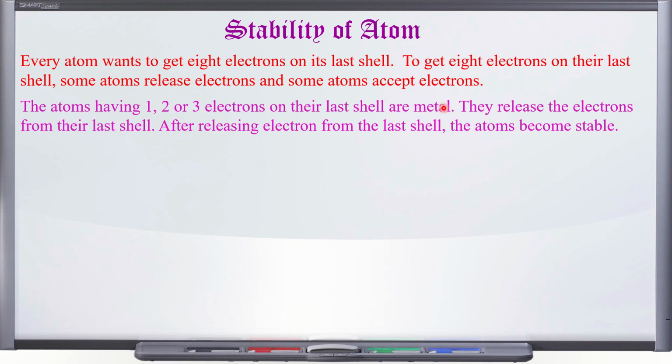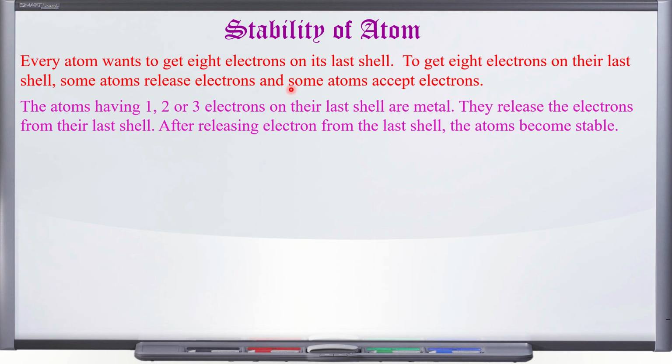In previous junior classes, you learned that metals are those whose names end in certain ways: lithium, sodium, magnesium, calcium, potassium, like this. And this makes it easy to understand which are metals and which are non-metals. That is, the atoms having 1, 2 or 3 electrons on their last shell are metals.